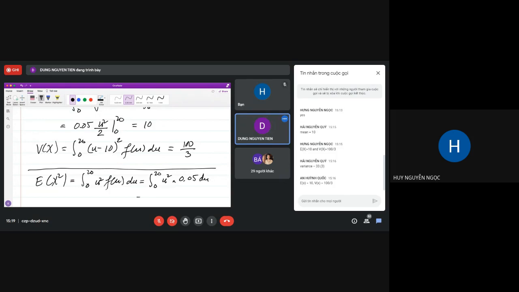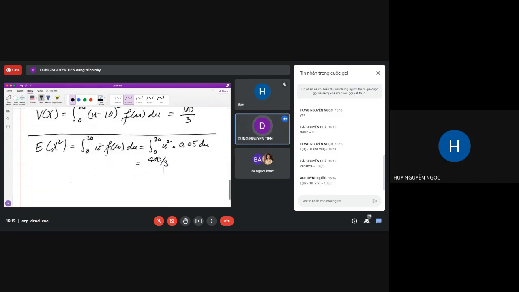You get the answer 400 over 3. Then you can find the variance as well. In this way, you get the mean of x squared minus the square of the mean of x, and that is 400 over 3 minus 10 squared. So you still get the same thing. Is that all clear, everybody?